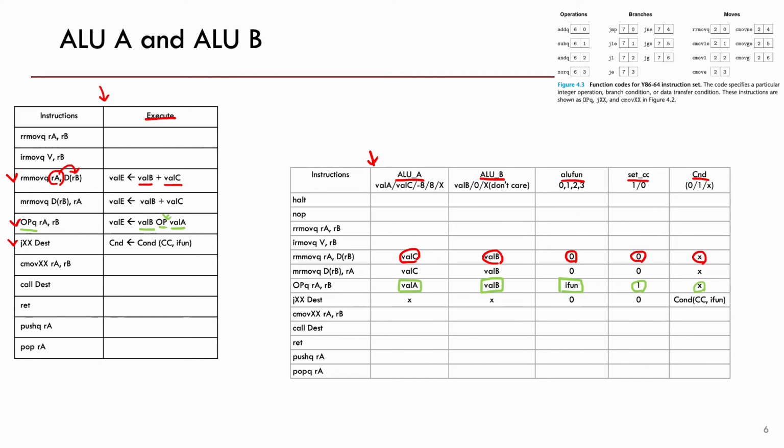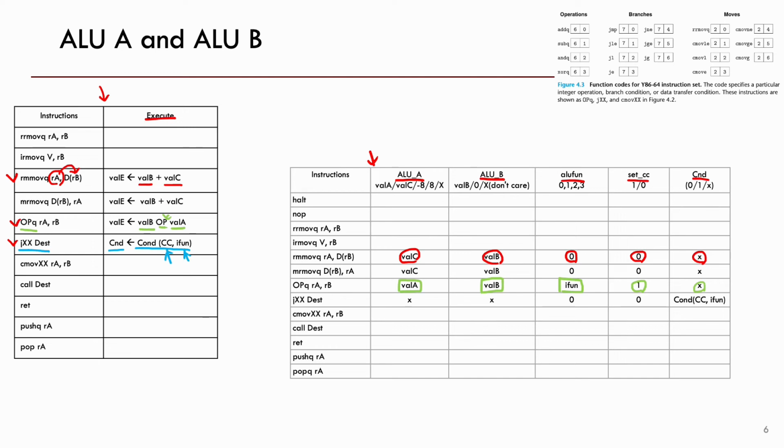Then the last example is the jump instruction. In the execute stage, it doesn't actually execute any operation given in the ALU function code. It just outputs the cond signal from the cond module by taking the current condition code and instruction function.